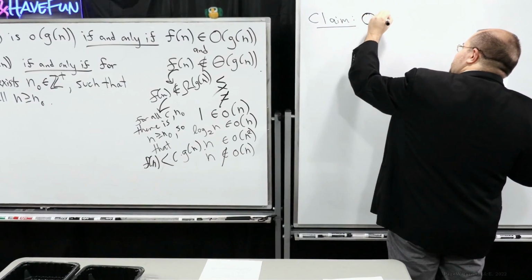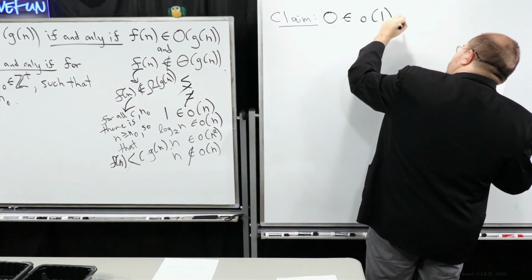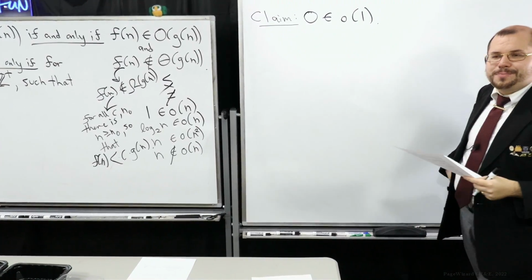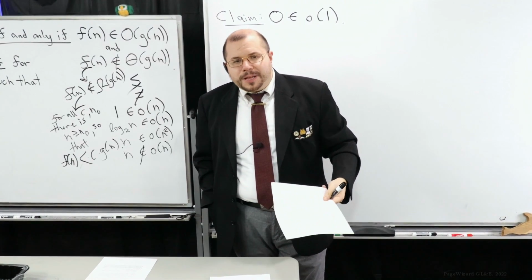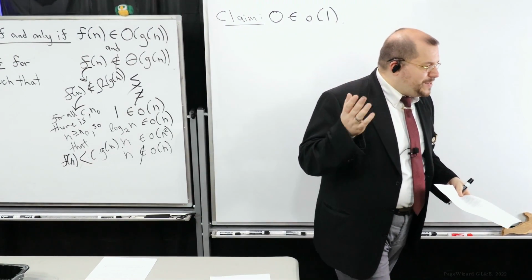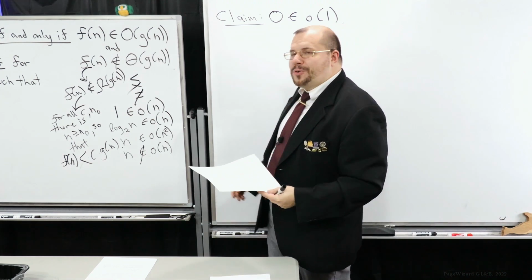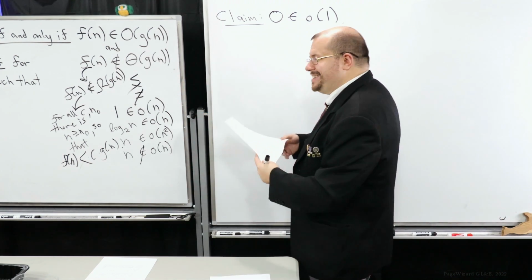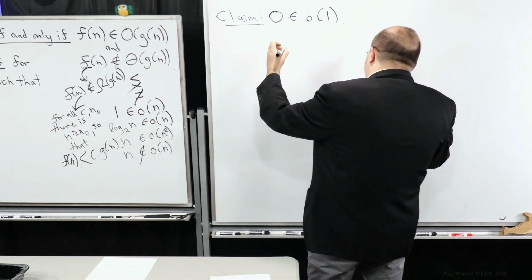The first claim that we're going to try showing is that 0 is little o of 1. Remember, the way we defined our complexity functions is that we allow them to take on the value of 0. We'll have more discussion about this later. Anyways, we're going to try showing that 0 is little o of 1.